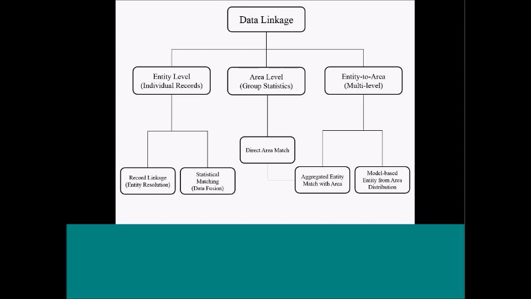You could do area level, just group statistics, or some people might even match, say, census tract estimates with a person's information in a survey, so it could be an individual to an area type of match. All of these things come with various problems.